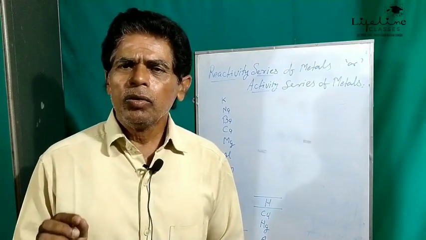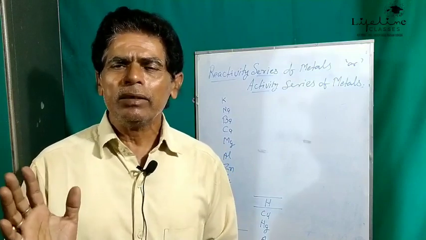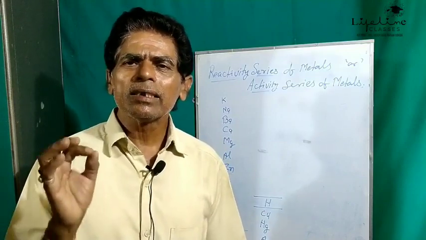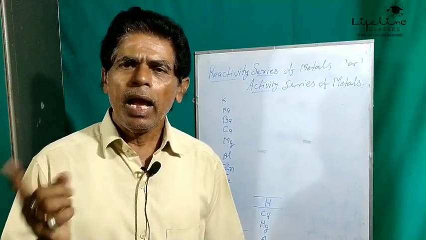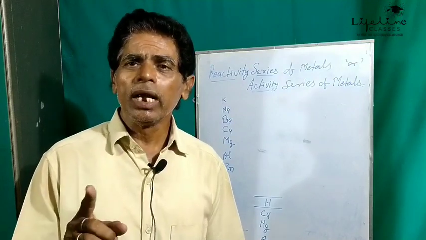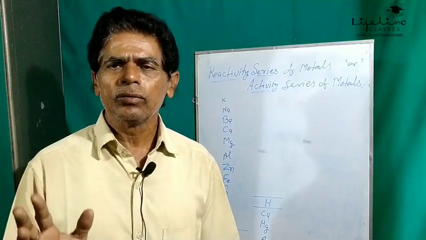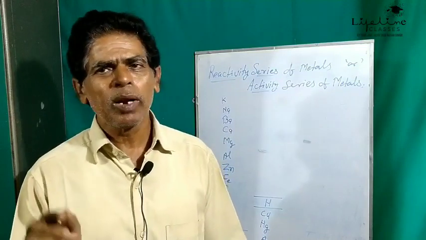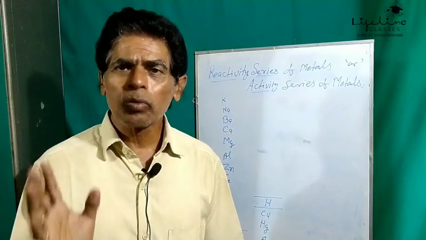I think you already know that hydrogen is a non-metallic element, but it has a tendency to lose electrons as well as gain electrons. By losing electrons, hydrogen can form hydrogen ions, that is cations, H plus ions, which are commonly known as protons.